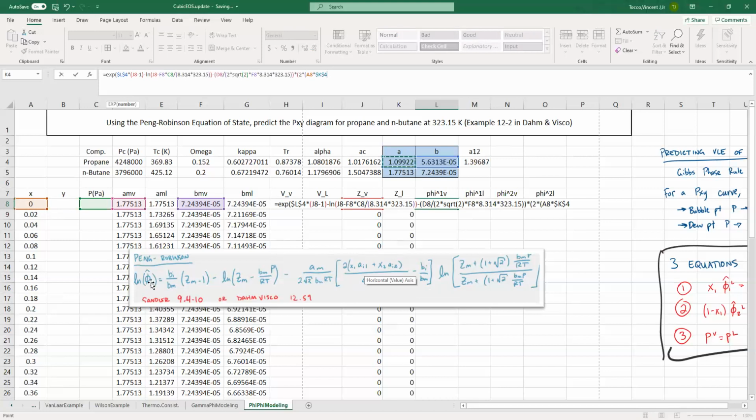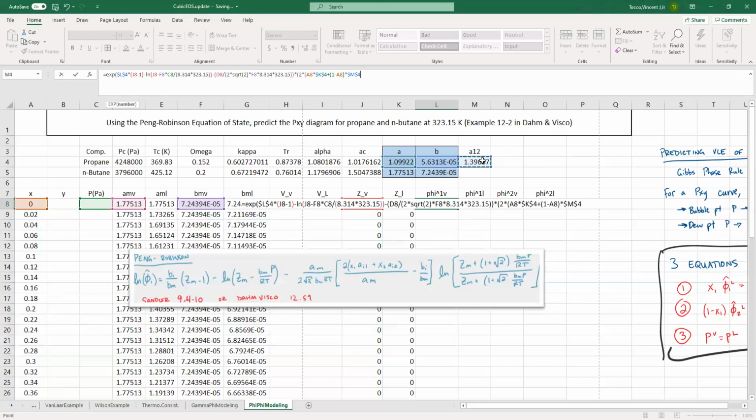So because I'm calculating Phi 1, I substitute a 1 for this I, and I get A11, which is equal to A1, plus 1 minus x1, which is x2, times, now this is A12, so I have to take the cross term there. So this, I'm pulling A12 in this case. So that gets $.